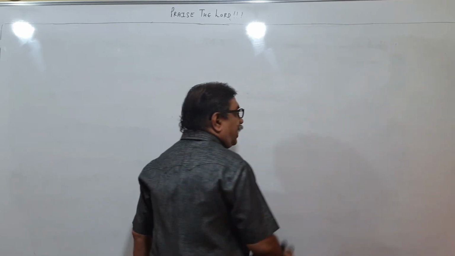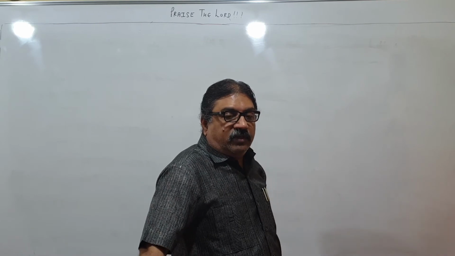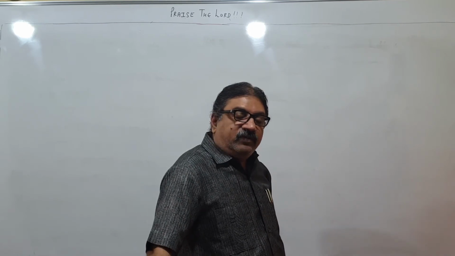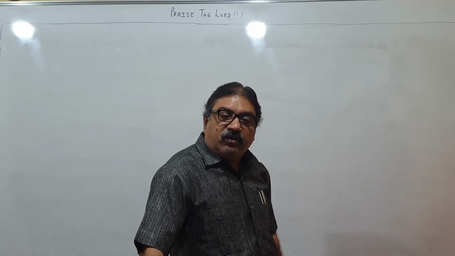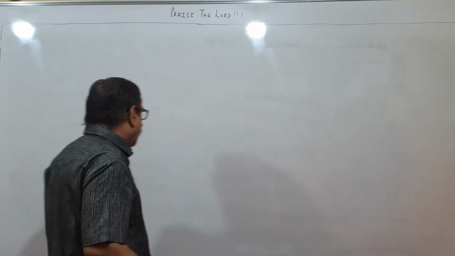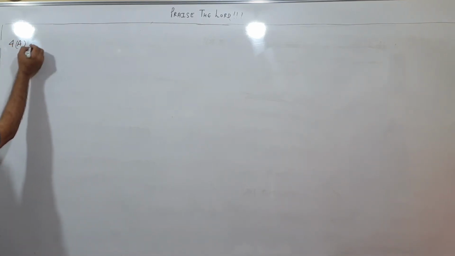We saw that if the last digit is less than 5, then what is to be done? We saw that if the digit is more than 5, then what is to be done? Now, if the digit is 5, the last digit, which is to be rounded off, then what is to be done? Let us see. So, fourth rule, A part.